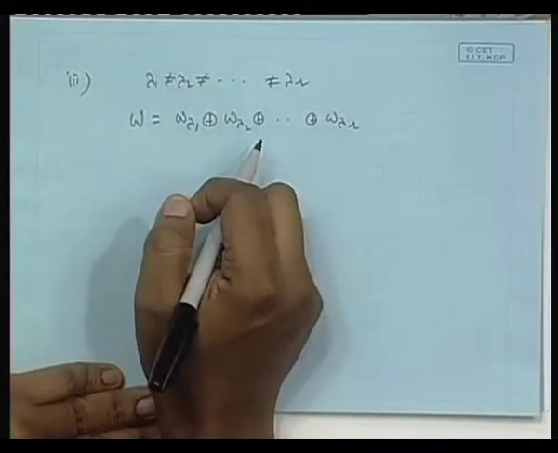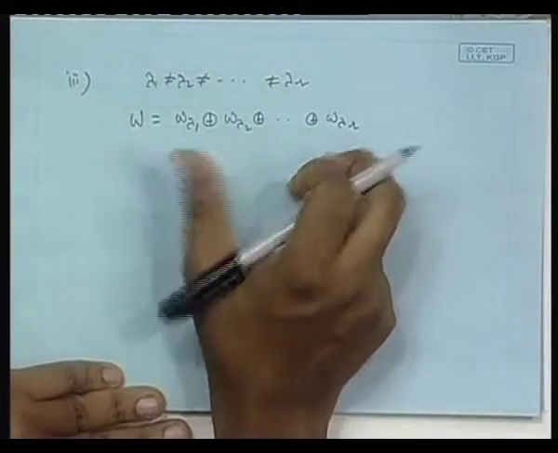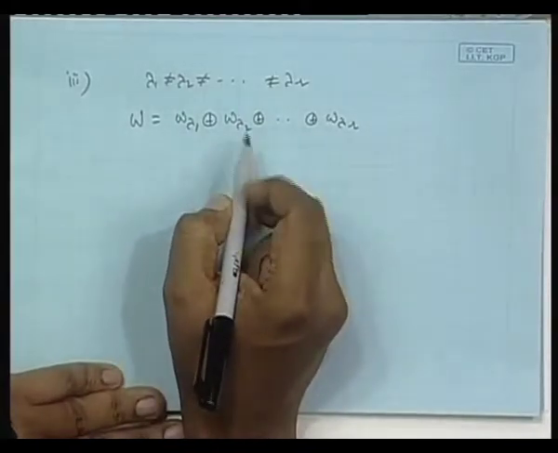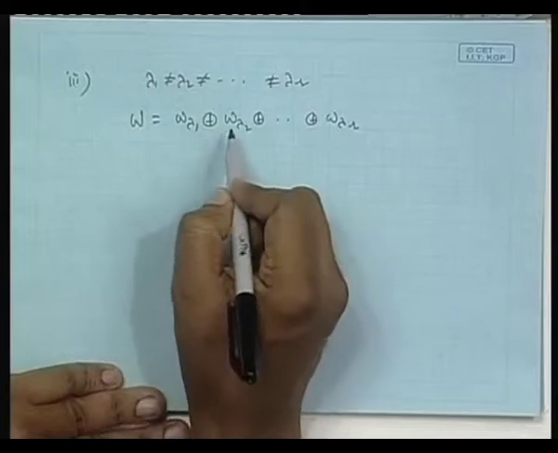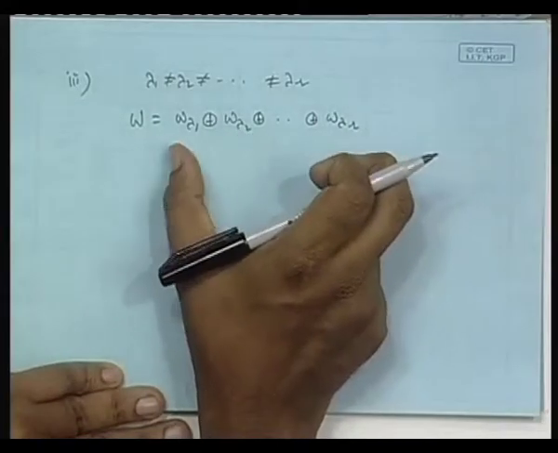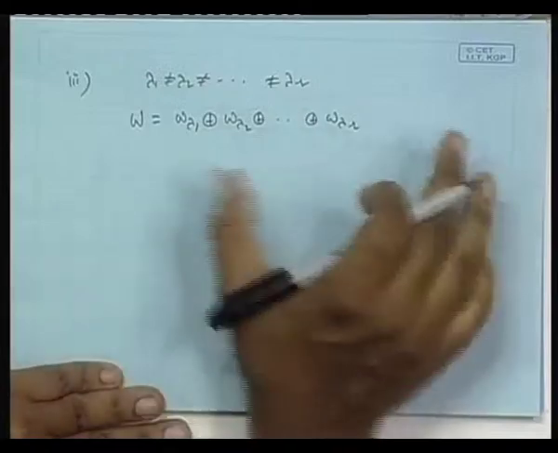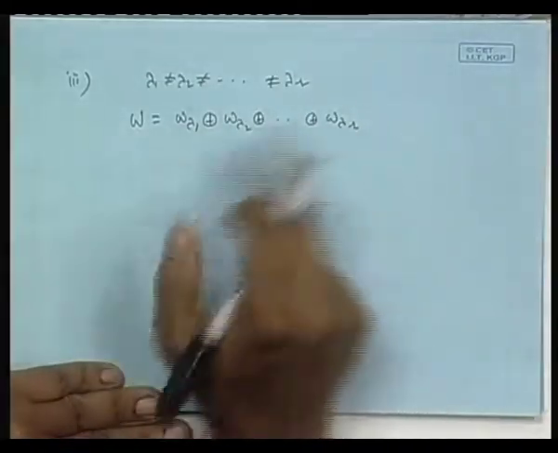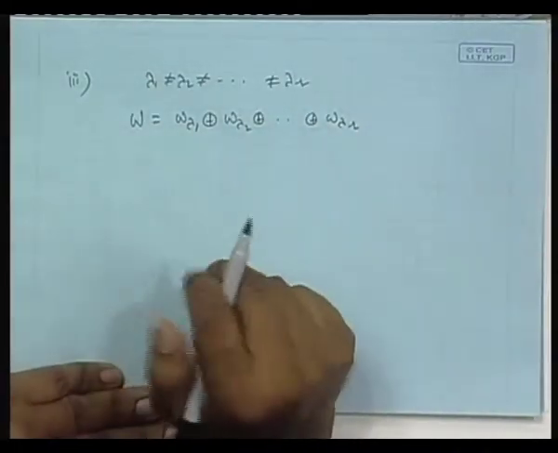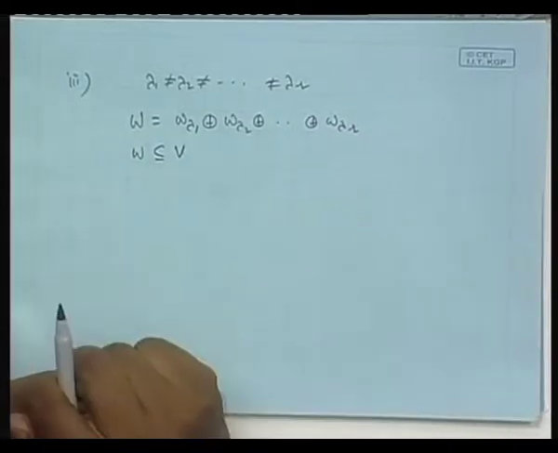Therefore, when I am considering the combination, it has to be a direct sum. This means if you consider one basis of W_lambda_1, one basis of W_lambda_2, dot dot dot, one basis of W_lambda_r, and you append all those basis vectors, then you get a basis of W. It's a basis because the resulting set is also linearly independent and it spans W. Fine, this we know, and clearly W has to be within V.